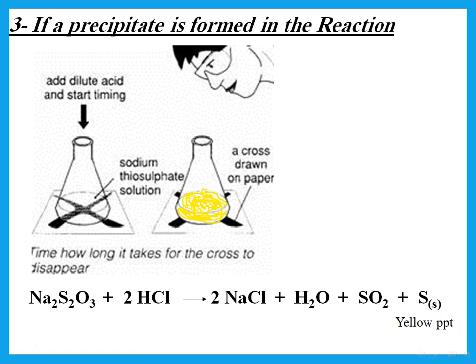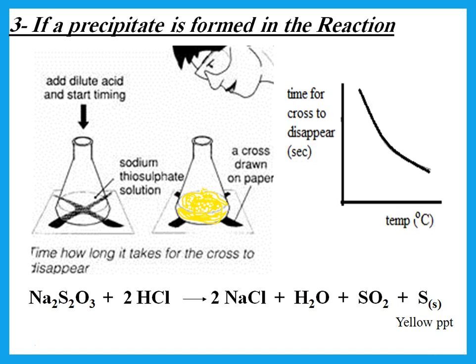So what I'm measuring is the time taken for the cross to disappear. So I can repeat that, for example, at different temperatures. Remember that a faster reaction will take less time. So as we increase temperature, for example, we said the reaction should become faster, and that means the time taken for the cross to disappear will be less.